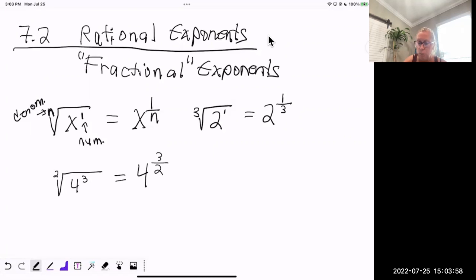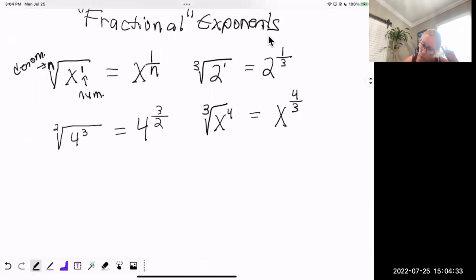Let me do one with an x. The cubed root of x to the 4th means what I really have is x, my numerator is 4, and my denominator is 3. We're going to do a whole bunch of problems like these so we can practice. So numerator is the power. The denominator is the root.